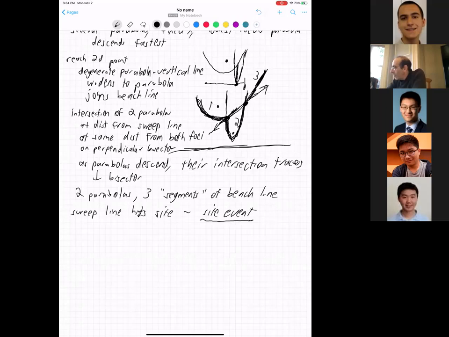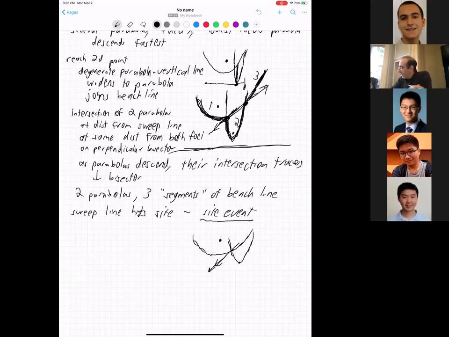Now, what other sorts of changes are going to happen? So above we have this bisector being traced out by our two parabolas, right? And let's just concentrate on one side of it. As these parabolas descend, this bisector gets traced out.